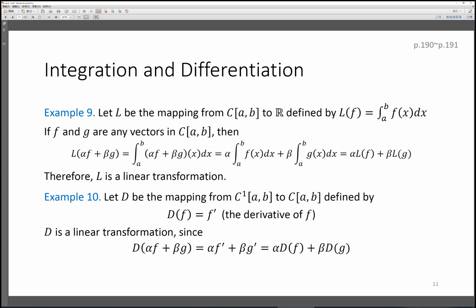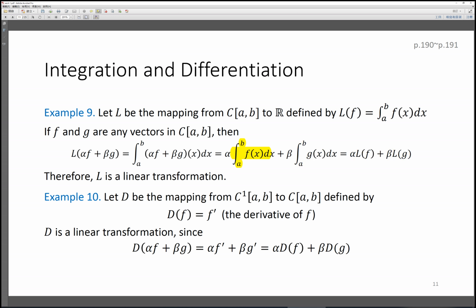Then, by properties of definite integrals, this term equals alpha times the definite integral of f plus beta times the definite integral of g. Again, by definition of L, the definite integral of f is L of f, while the definite integral of g is L of g.